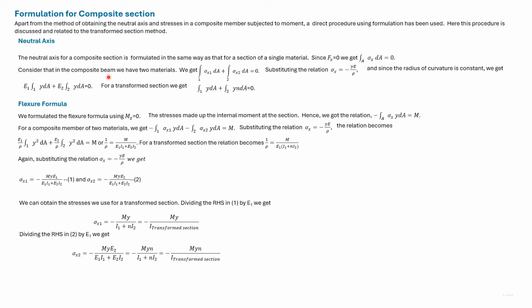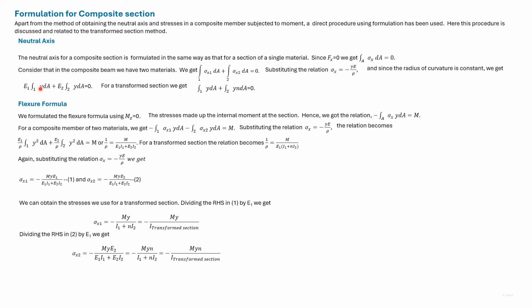Consider the composite beam to be made up of two materials. Then it follows that the integral of sigma x1 dA over the area of material 1 plus the integral of sigma x2 dA over the area of material 2 is equal to 0. Substituting sigma x is equal to minus y E by rho and considering that the radius of curvature is a constant, we get this expression.